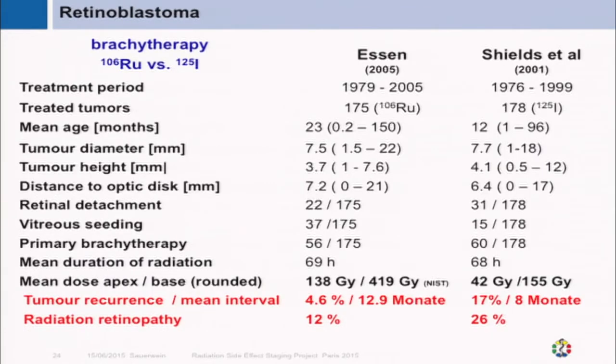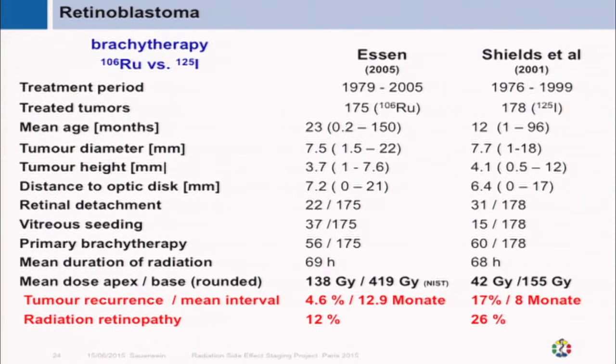On the other side, there is some published data coming from retinoblastoma, one from our group and one from Shields. And it's nice to see that both retrospective studies have a very similar cohort of patients.